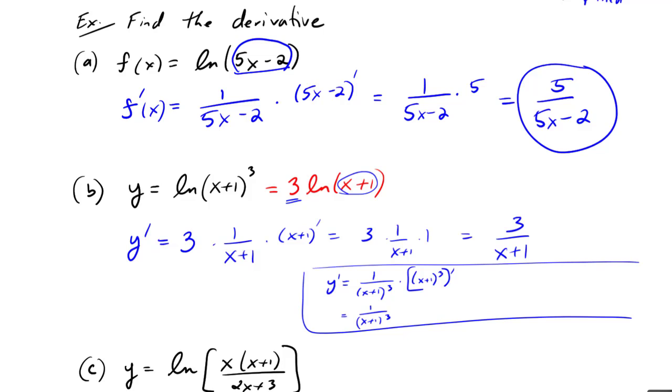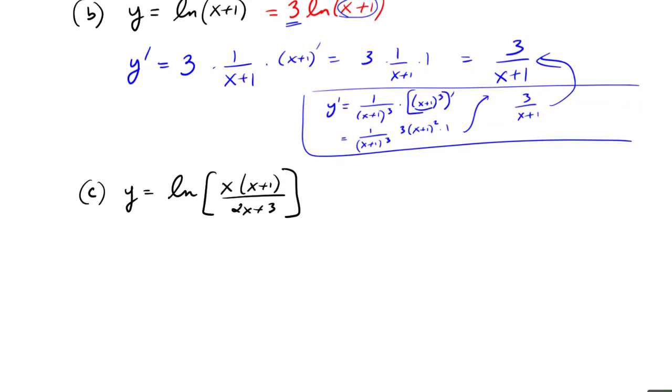The derivative of x plus 1 cubed is a chain rule itself, so it would be 3 times x plus 1 squared. Take the derivative inside of x plus 1, I get 1. And what we notice is, after cancellation, that's going to give you 3 over x plus 1. I actually get the same thing as before, but it was a little simpler if I did the early transformation. Just like here.